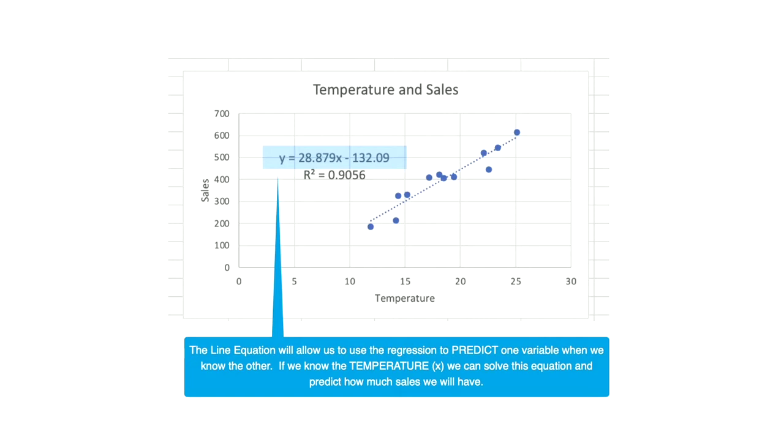In addition to computing the scatter plot, you can also have Excel give you the Pearson R correlation, which is that R squared. And this is 0.90. Well, it says it right there, 0.90 correlation.